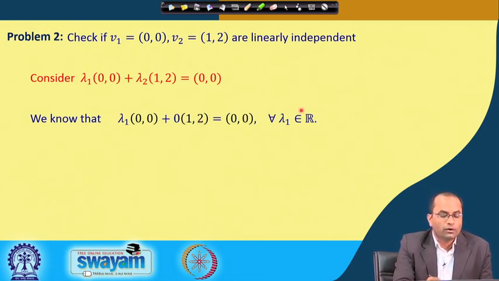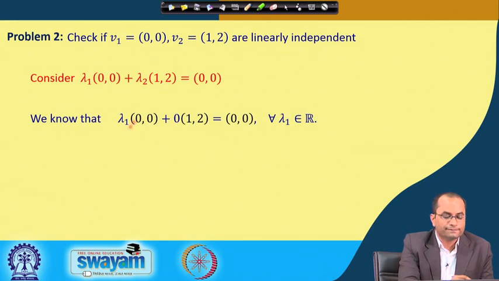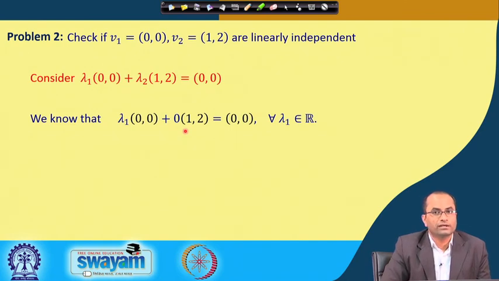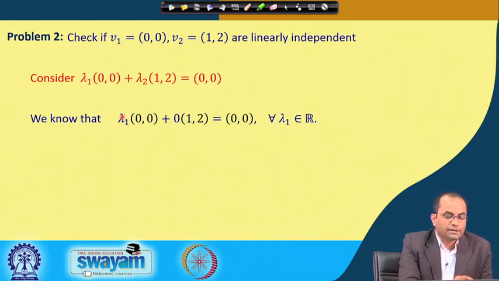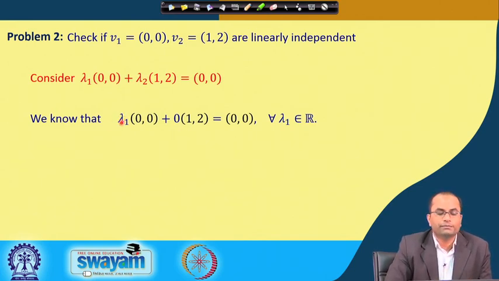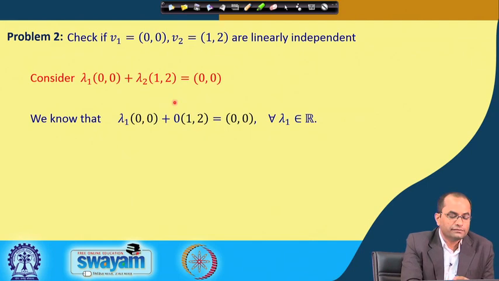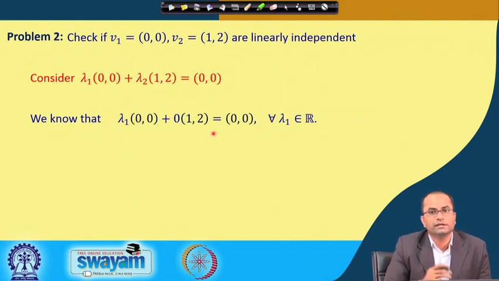So for all lambda 1 from the set of real numbers, this equation is satisfied, and therefore we are getting a non-zero solution. Our lambdas are not 0 in this case; we are getting infinitely many possibilities which add up to this 0 here, and therefore this set is linearly dependent.